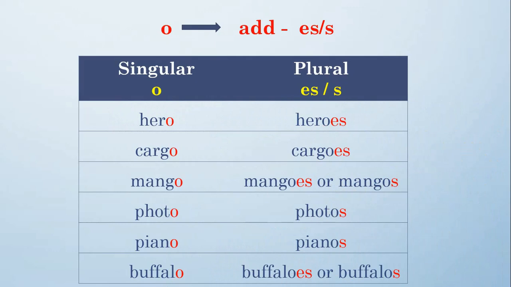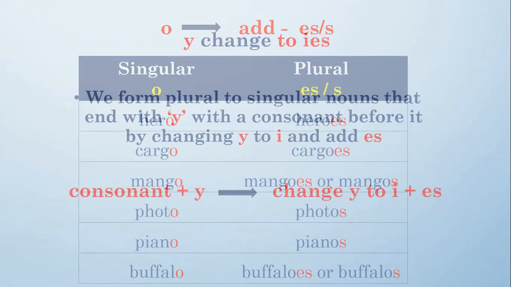So, in some cases, like I told before, if the word is ending with o, you can either write it with es or just s, like in mango and buffalo. There are always exceptions, so don't worry.